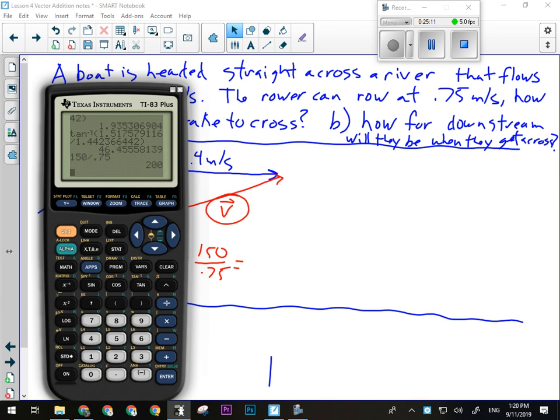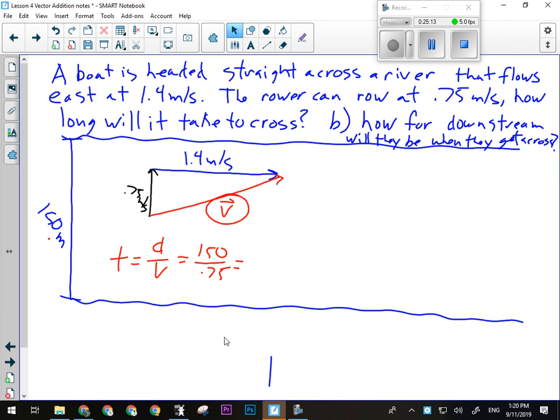All right, so it's going to take 200 seconds to get across. So that's answering part A: how long will it take to get across? 200 seconds.